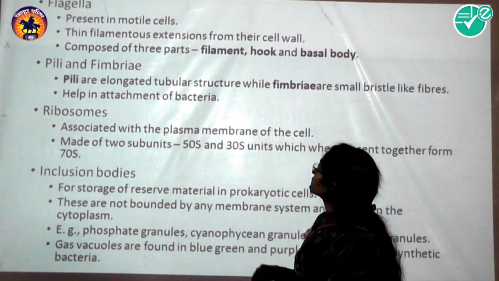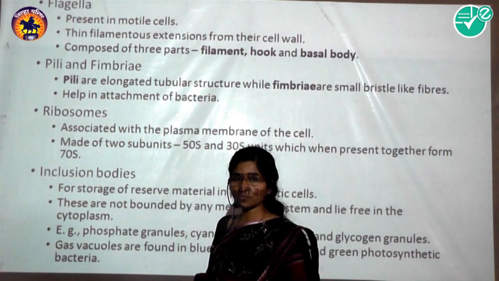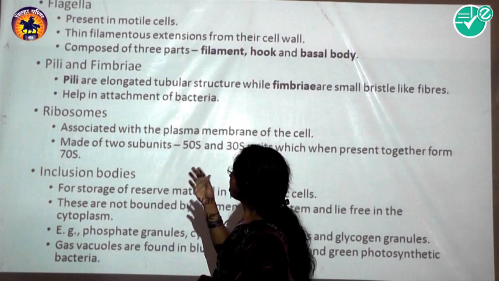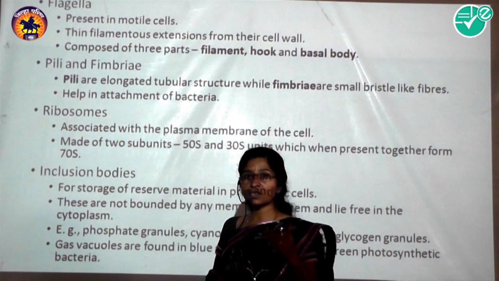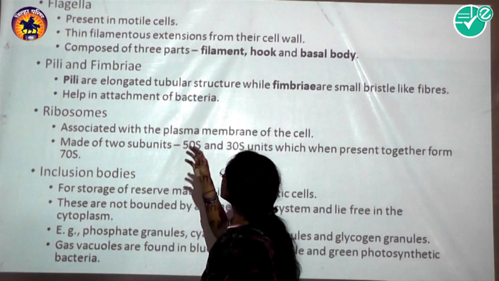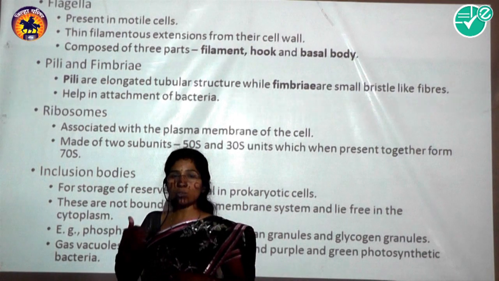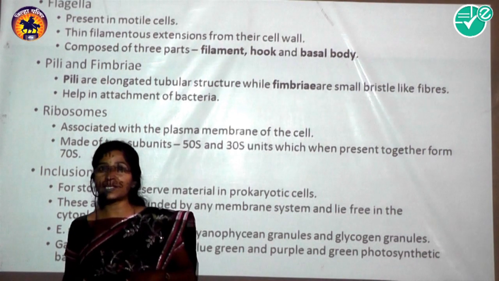Then other organs like flagella, pili and fimbriae are extensions from the cell. We observe that some bacteria are motile. How does the motility arise?